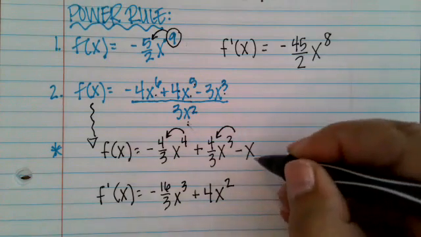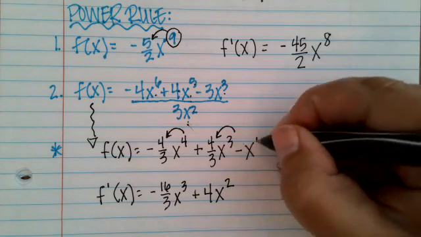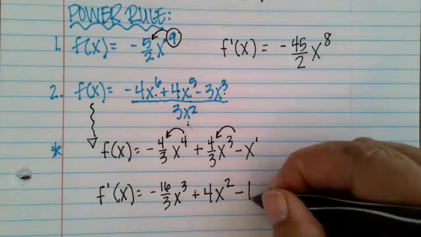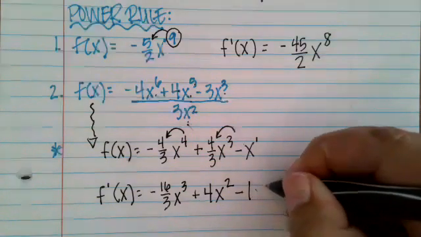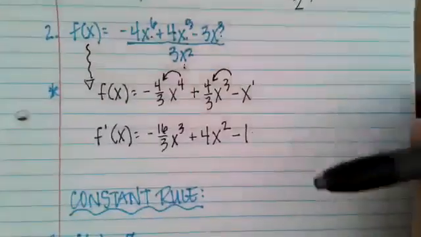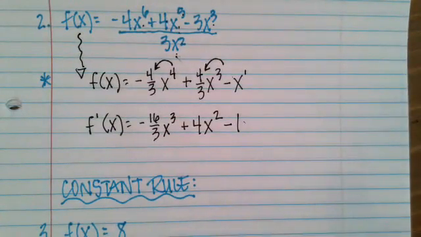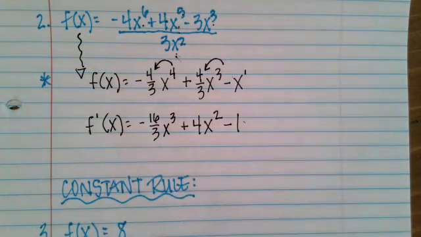And then this guy, don't let that confuse you. That's really x to the 1st, and there's really a 1 in the front. So when you bring that down, that would be minus 1, technically x to the 0, but remember x to the 0 is just 1, so I'm not going to write it. My guess is Newton might accept it, but we should all know that x to the 0 power is just 1. So I'm going to leave it just like that. I think that's the safest bet.